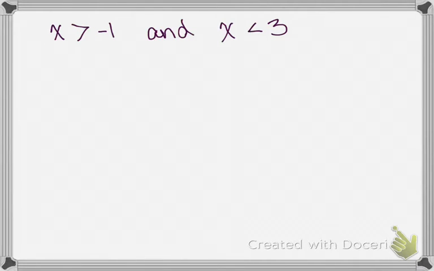Who can raise their hand and tell me a number that meets both those criteria? 2. Sorry. That's okay. 1, 2, 0. What about -1/2? Does that meet that criteria? Okay. Thumbs up, thumbs down. Does -1 meet this criteria?